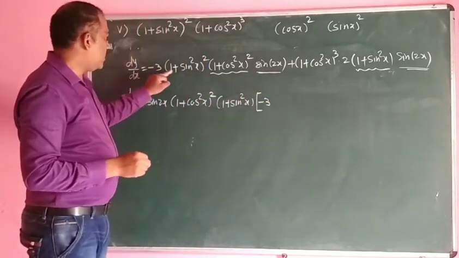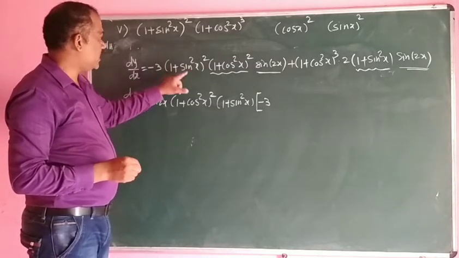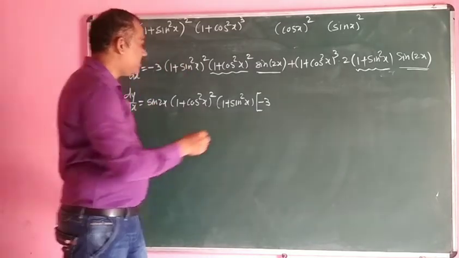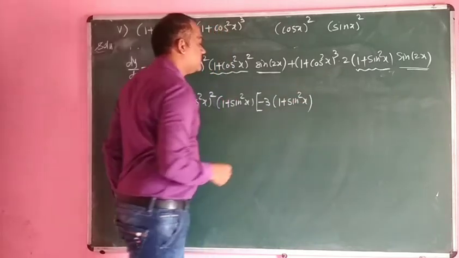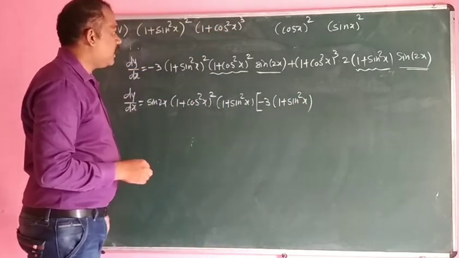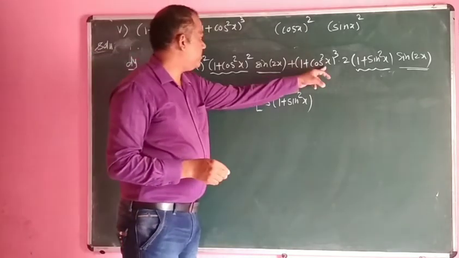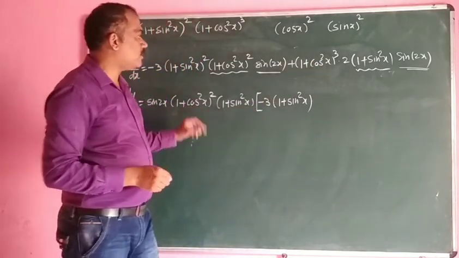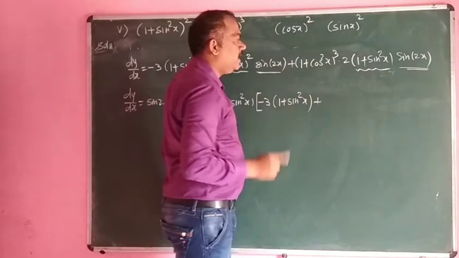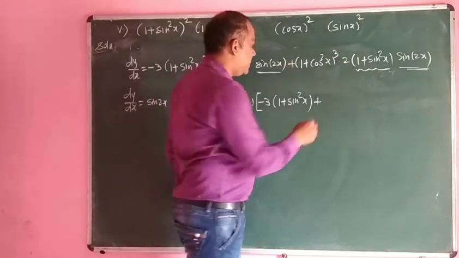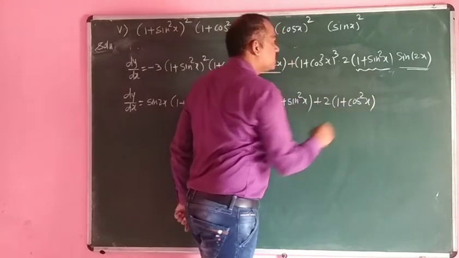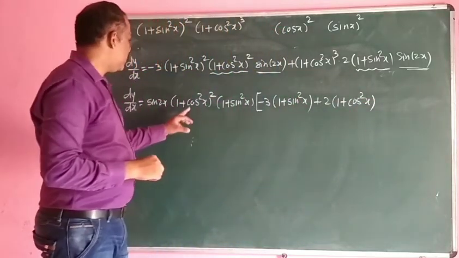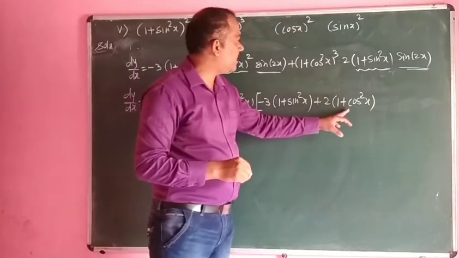Now (1 plus sin square x) bracket square, from this take only one factor common, so that remaining only 1 plus sin square x. Also here cube is there, only we have to take the square common, so that remaining only one factor. Also 2 is there, that is 2 into 1 plus cos square x is remaining here.